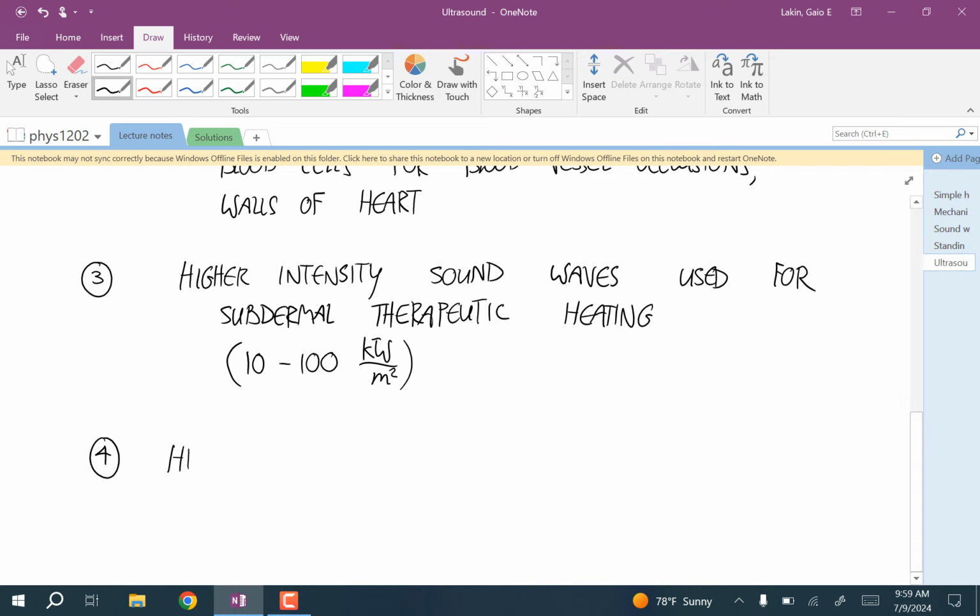And this is where the highest intensity sound waves are used to destroy tissue.